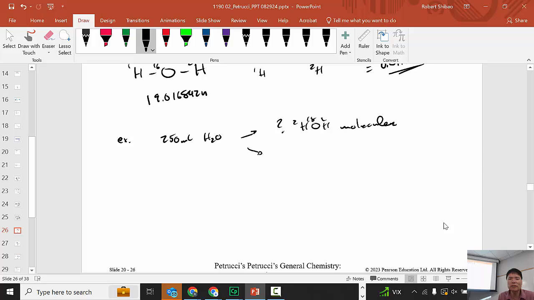And the second question is, how many moles of H2O16 H2, and how many grams of H2O16 H2 is this? So this is using the mole concept.